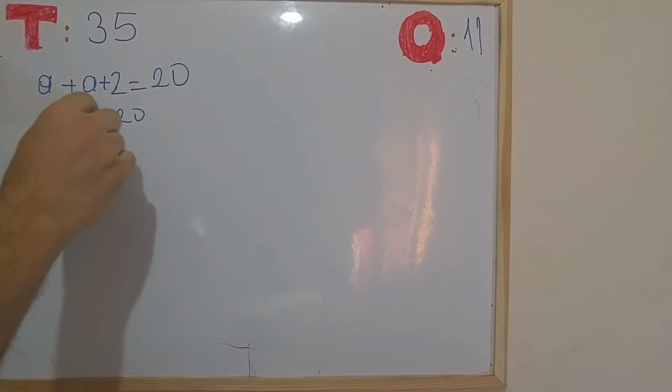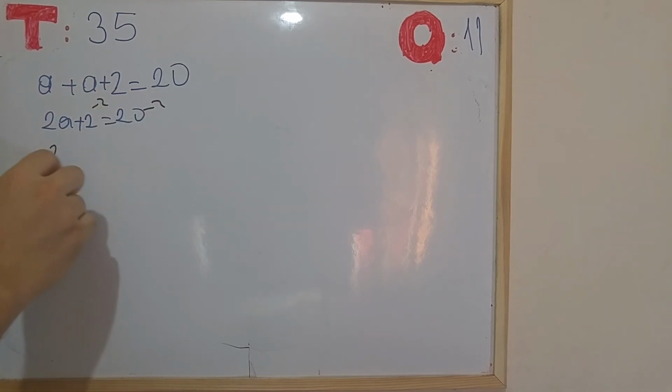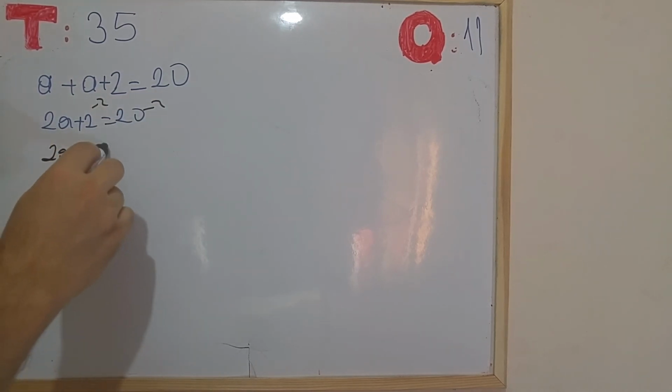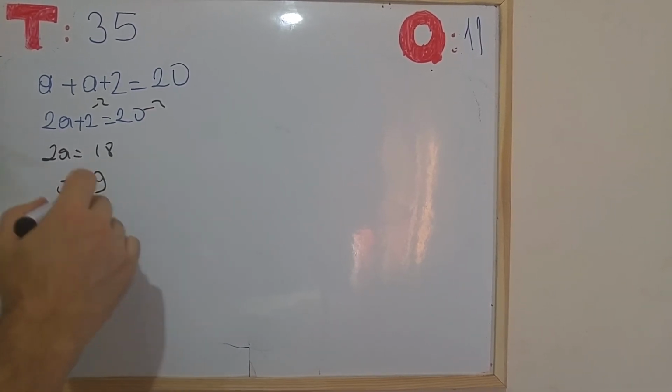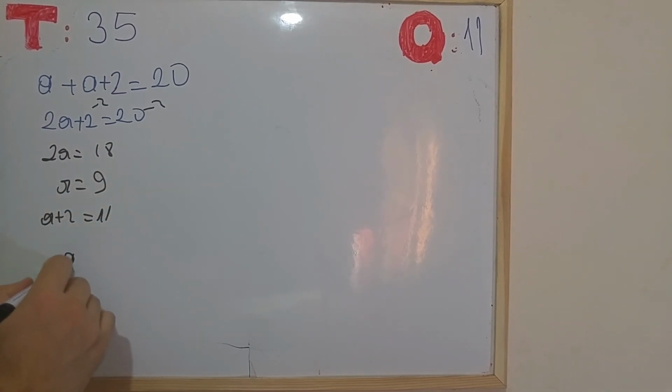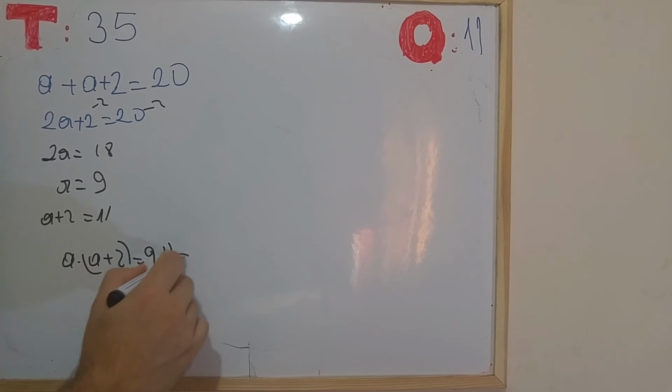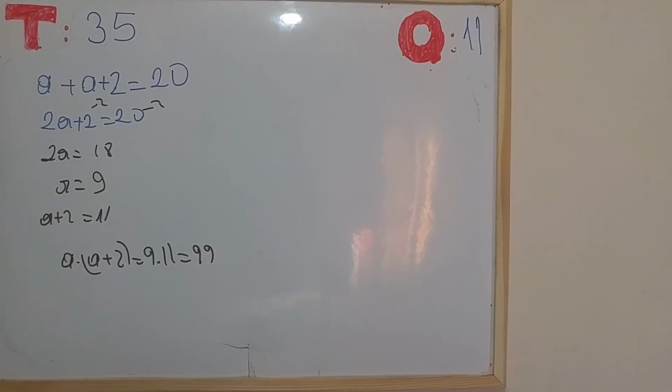When I subtract 2 from each side, 2a is equal to 18, and when I divide each side by 2, a is equal to 9. And the other one, a plus 2, is equal to 11. What they are asking me is the multiplication of these two numbers. So a times (a plus 2) is equal to 9 times 11, which is 99.